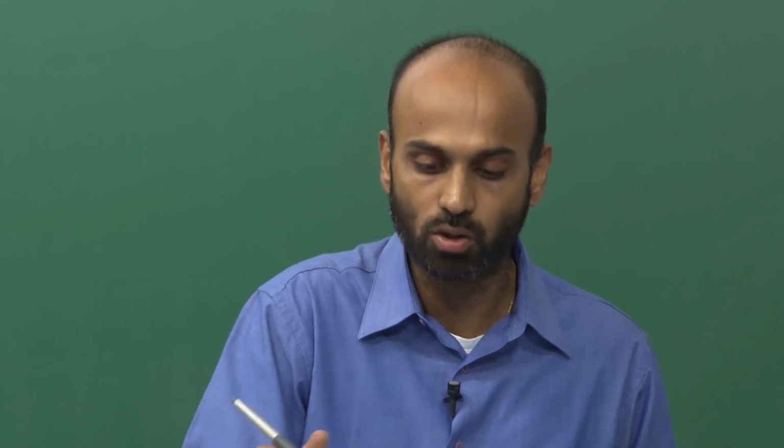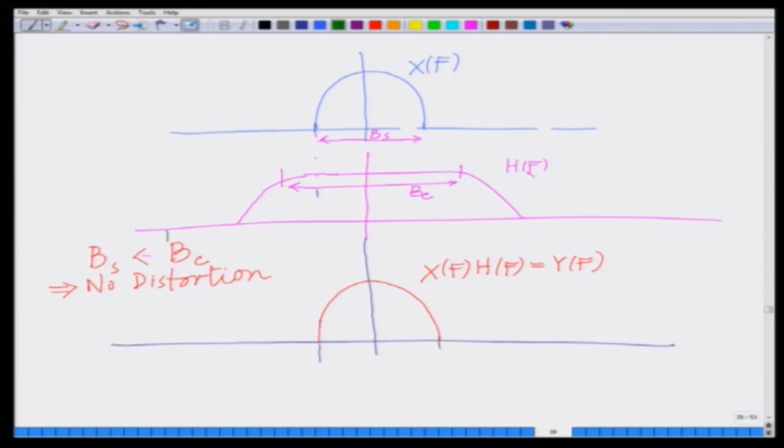This quantity Bc of the channel is known as the coherence bandwidth of the channel. This quantity Bc is an important quantity.